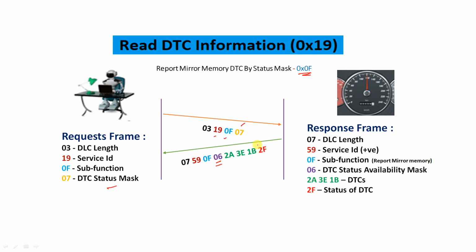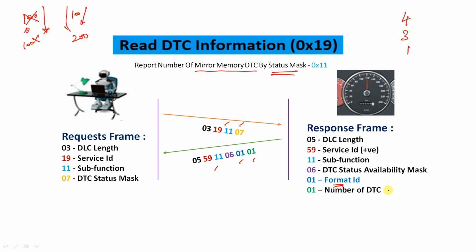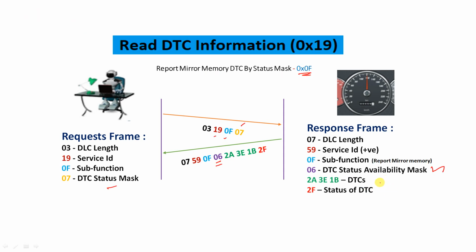But when requesting for the DTC, we have the DTC status availability mask, because it holds the DTC, similarly the format identifier holds the number of DTC count. So 06, then this is the DTC, then this is the status of the DTC. That's all about this report mirror memory DTC by status mask.